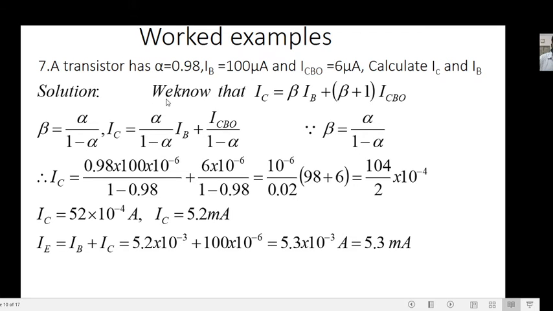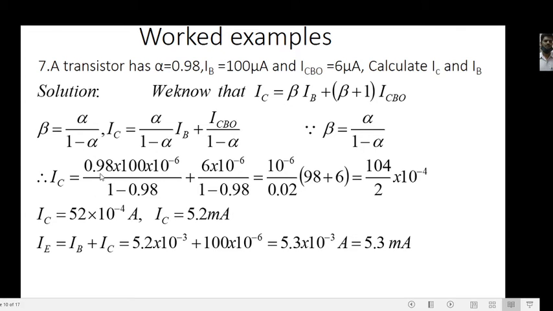We know that Ic is equal to beta Ib plus beta plus 1 into Icbo. This is the equation which can be used for this question. We know that beta is equal to alpha divided by 1 minus alpha. So Ic is equal to alpha divided by 1 minus alpha into Ib plus Icbo divided by 1 minus alpha.